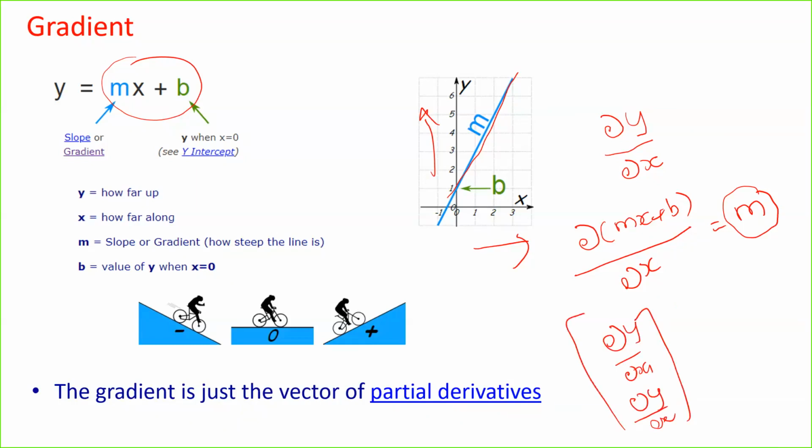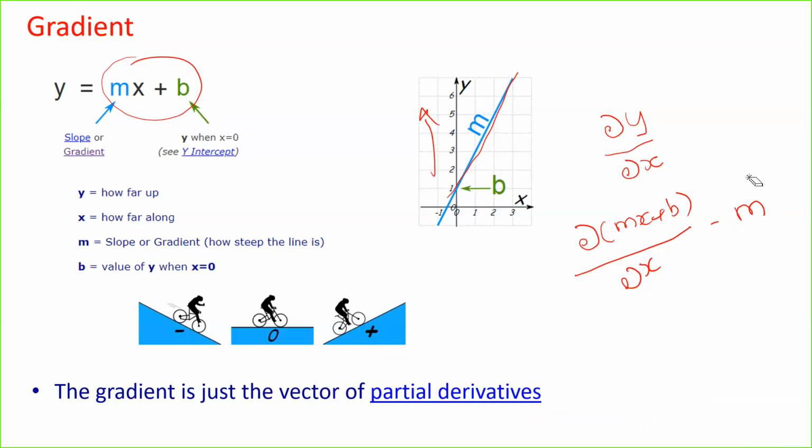So the gradient is just a vector of the partial derivatives. Since the concept of the gradient is clear and how to compute the gradient is also clear, these are the 2 points from this slide. So if you want to know the gradient of a particular function with respect to one variable, then take the partial derivative of that function with respect to that variable.